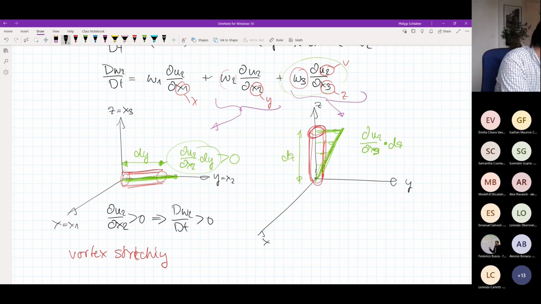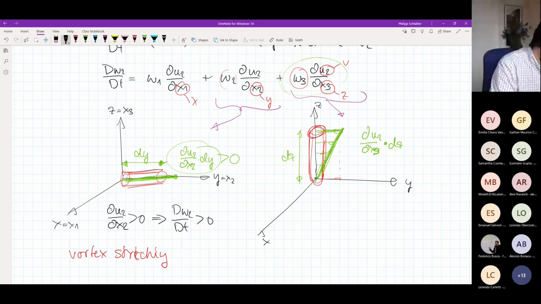And of course, now the consequence of this is that after the tilting, for the green line, I would then have some omega 2 vorticity being generated, because I have tilted this vortex, so I have a projection in the y direction coming from this vortex.